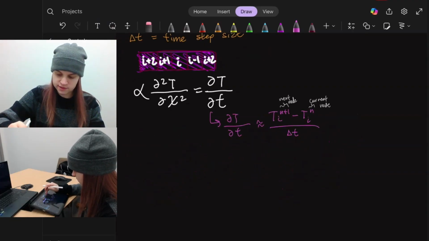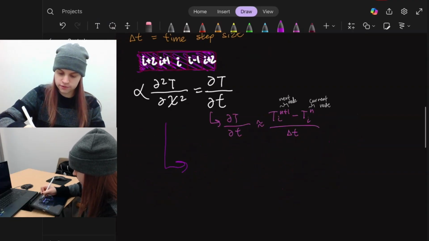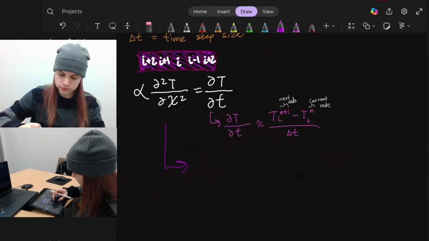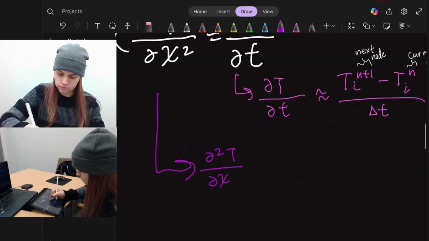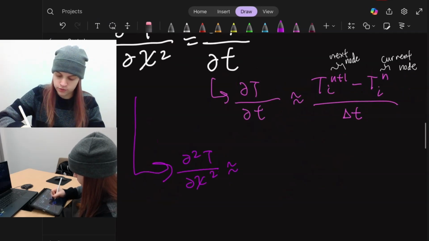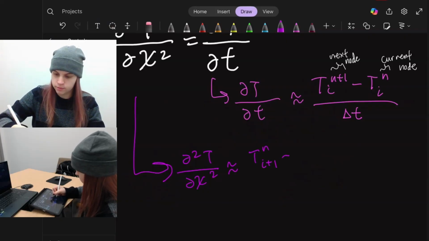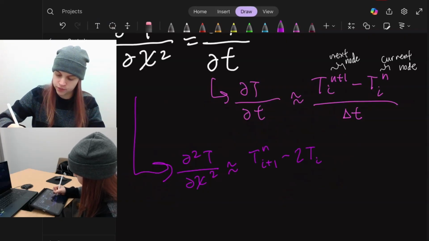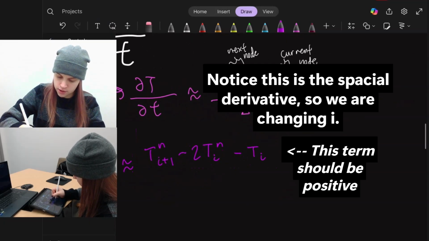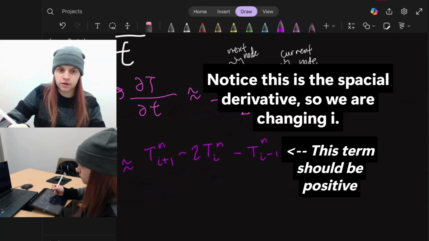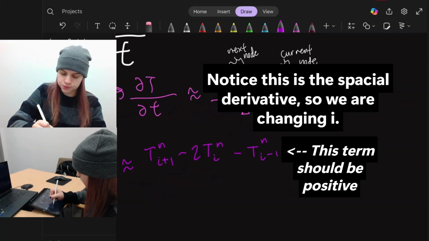We're also going to say something about this second derivative. That is roughly equal to T_{i+1} minus 2 T_i to the n, minus T_{i-1} to the n power as well.